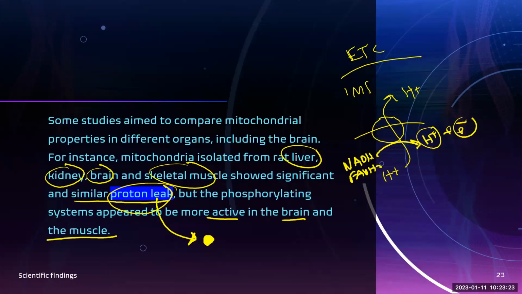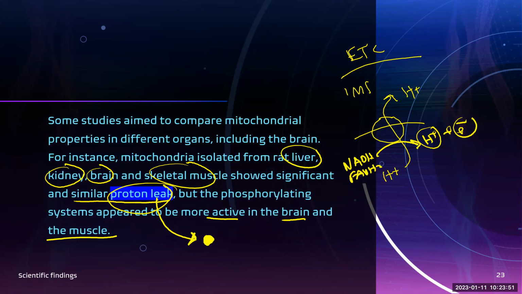Now, some studies aim to compare mitochondrial properties in different organs, including the brain. For instance, mitochondria isolated from rat liver, kidney, brain, and skeletal muscle show significant and similar proton leak, but the phosphorylating system appeared to be more active in the brain and the muscles.